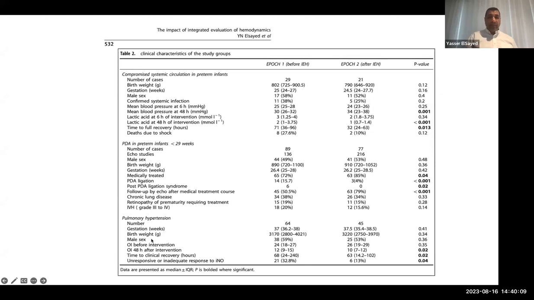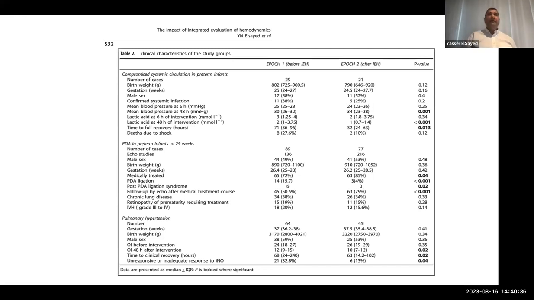And we have also from the same study, much improved cases of pulmonary hypertension with less need for nitric oxide, less need for medication, and less time to clinical recovery. And PDA ligation significantly decreased to 0. So now we don't have PDA ligation for almost the last 5 years in our unit, and it became history.